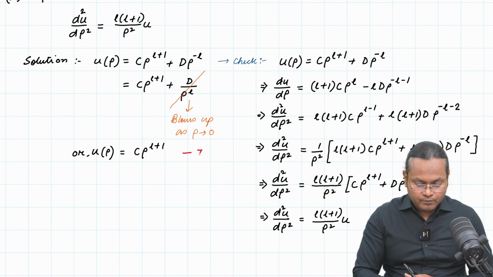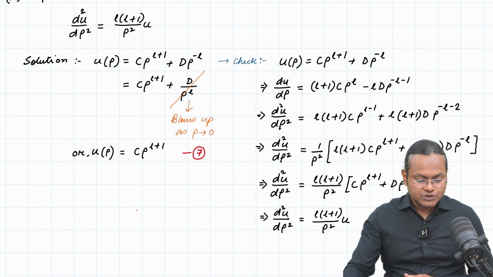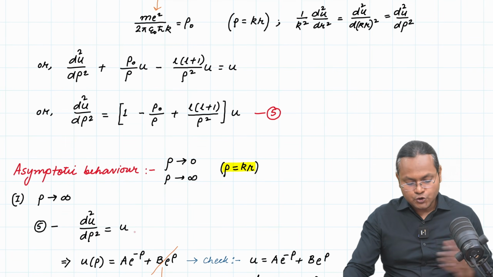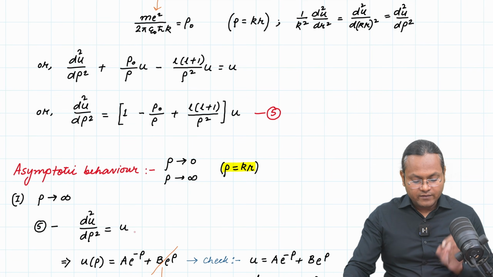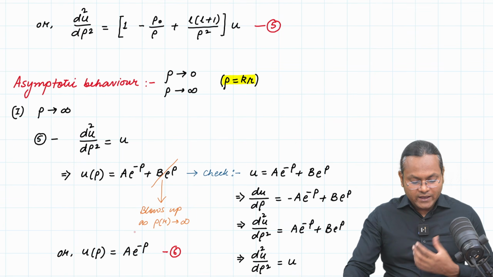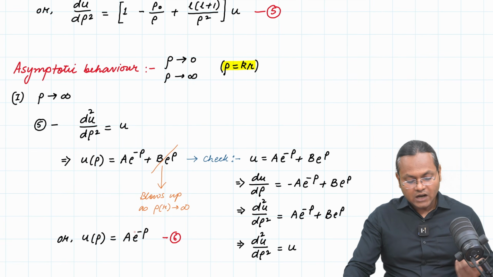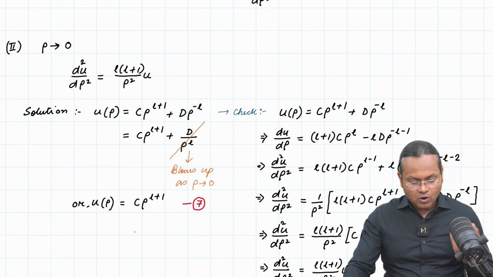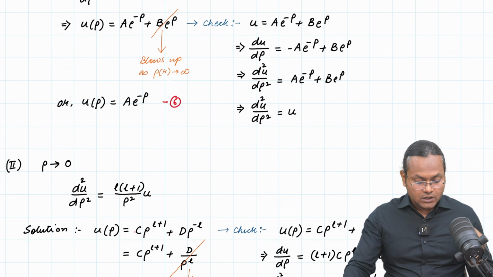Okay, so the radial equation of the Schrodinger equation after many substitutions ended up looking like this, equation number 5. When we analyze the behavior at very large values of r and very small values of r, we got some idea about the nature of the solutions.